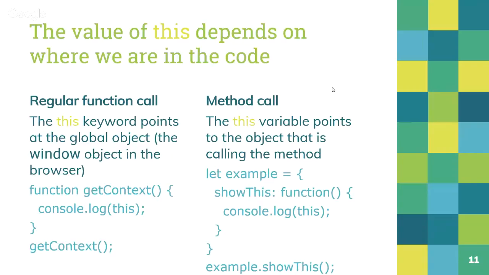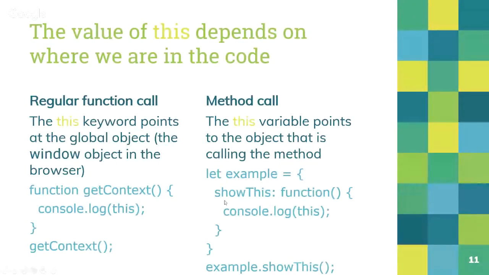In the second case here, where we have a method call, firstly, we've defined an object. Its name is example, and it's stored in the example variable. This object has a single method called showThis, as you can see here, which simply logs the value of the this variable.